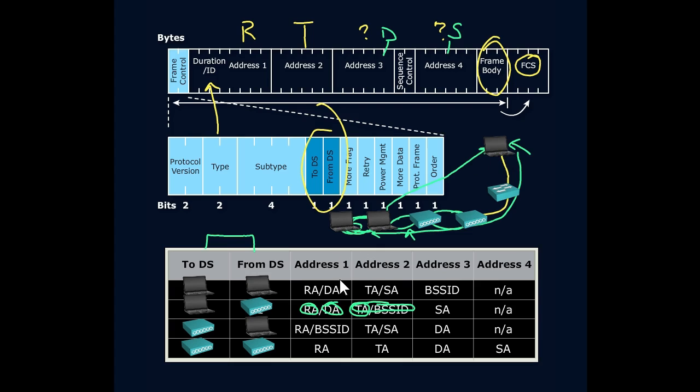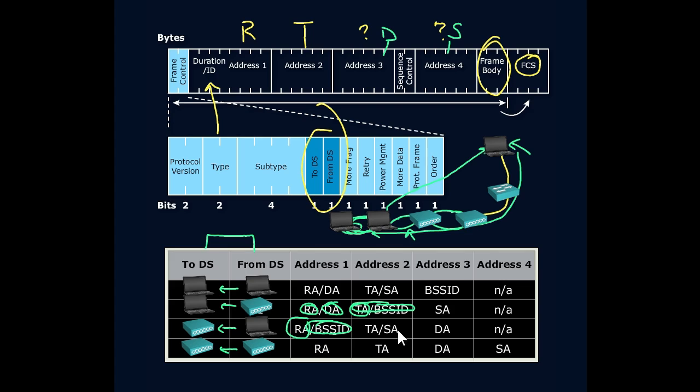How about when it goes the other way? Well, in this case, we're trying to communicate to our access point. So remember, we've got to line them up this way. All right, so we're coming from a client to an access point. So the receiving address is the MAC address of the access point that we're trying to talk to, which is identified by the BSS ID.